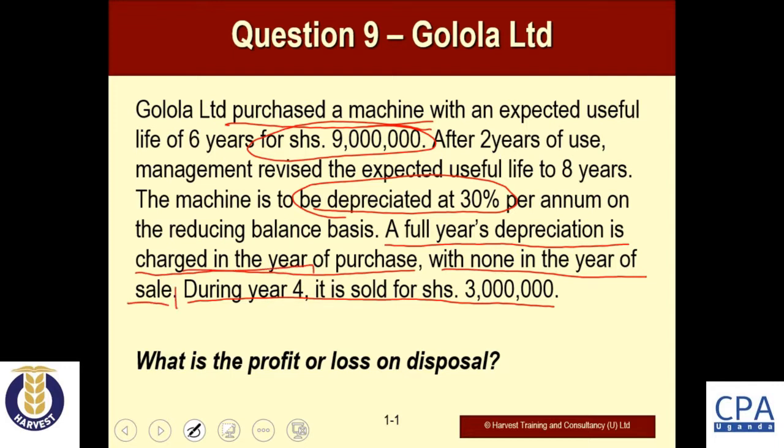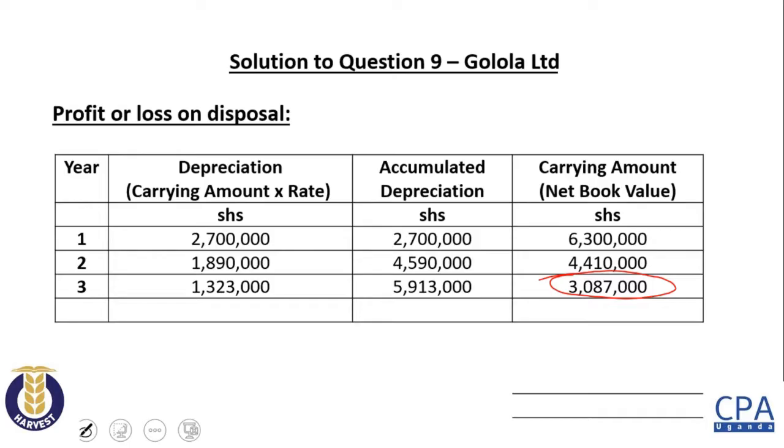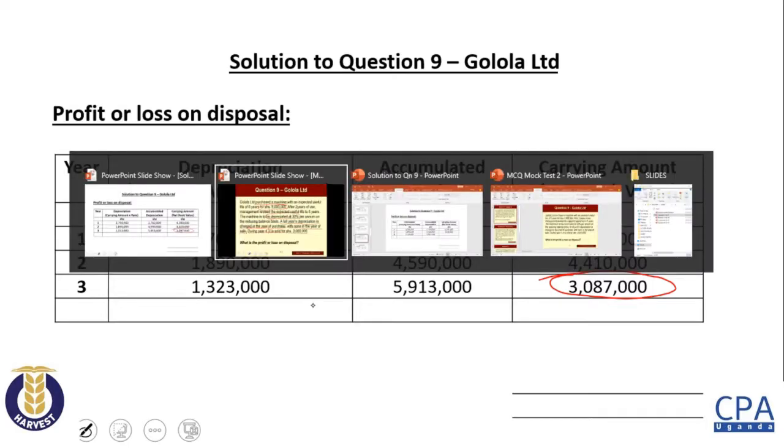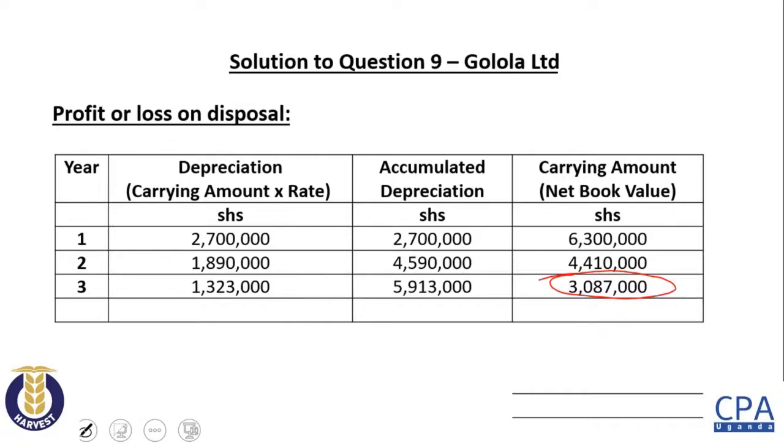So in year number 4, we shall cease to depreciate, and therefore we are not going to have any depreciation charge taken to our statement of profit or loss for year number 4. I'm going to indicate that the depreciation charge for that machine is 0, because this is the year of disposal, and in the year of disposal there is no depreciation.